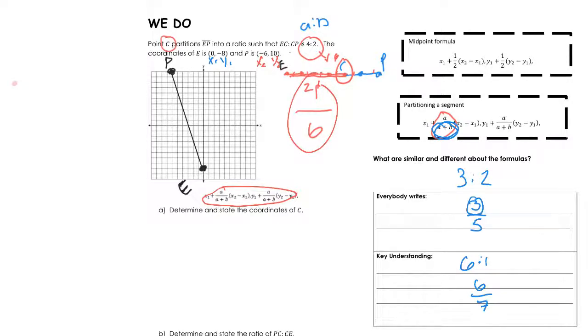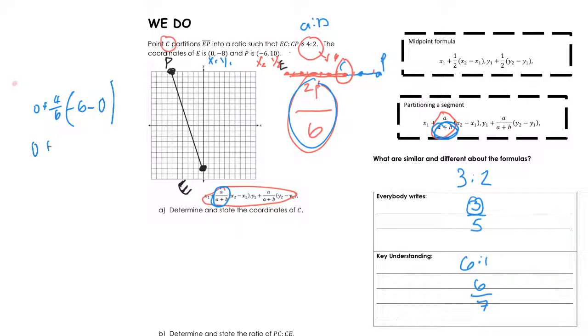So x1, I'm going to do it over here so there's room, is 0. So it's 0 plus my fraction for this ratio is 4/6. So 0 plus 4/6. And then x2 minus x1. Well, x2 is negative 6. Oh, not a comma, minus. And x1 is 0.